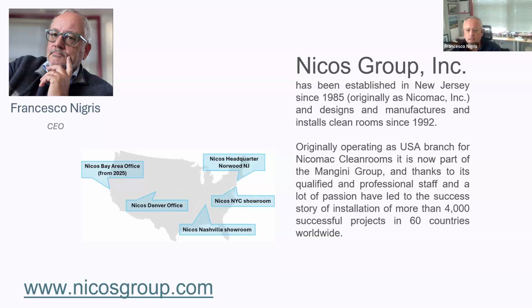And we are now a nationwide company with headquarters in New Jersey, but with offices all over the country. We have one office in Nashville with a showroom in Denver, and we're going to open soon also another office at the end of the year in the Bay Area.